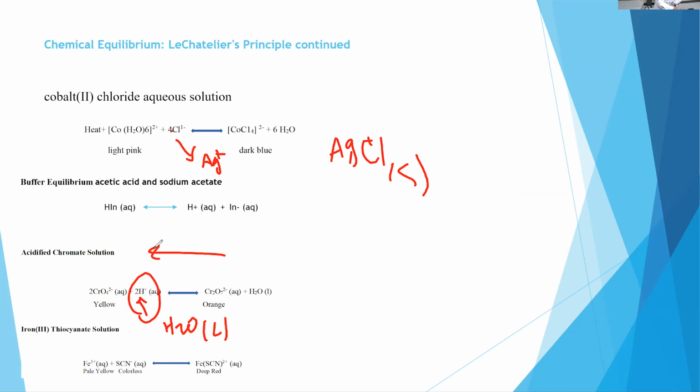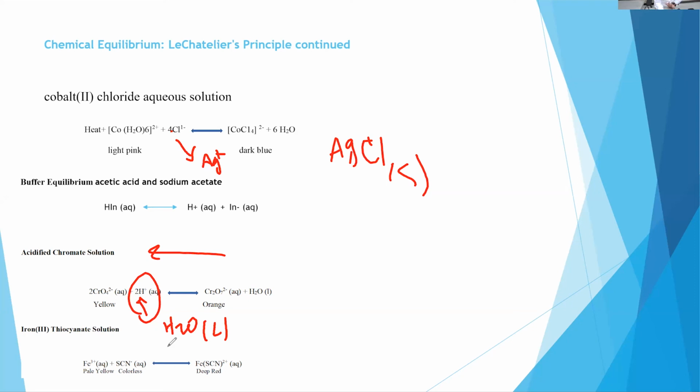The last reaction is going to be the iron 3 thiocyanate solution, which you are going to make first. And then you are going to add reactant, add product, add heat, and look for the effect. So you are looking for the cause and the effect.